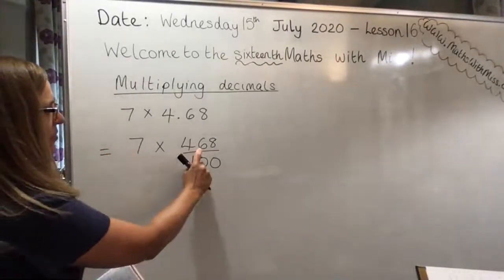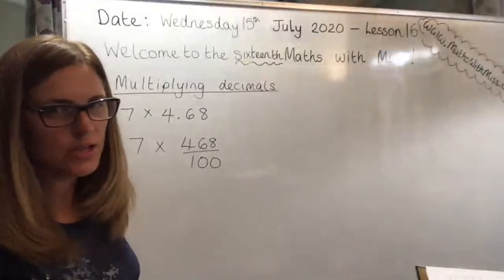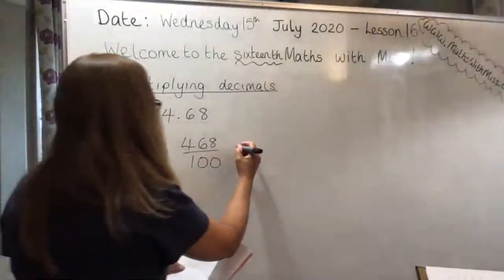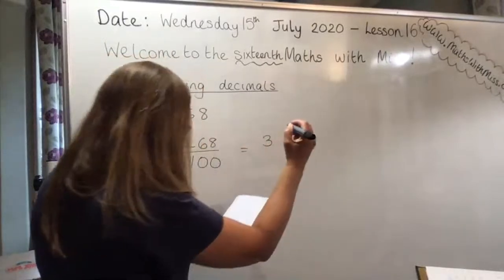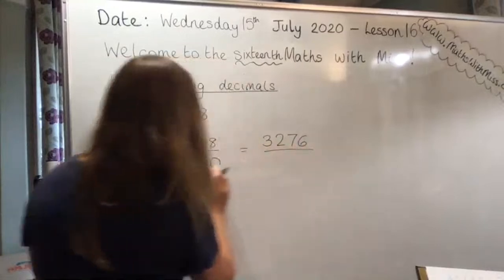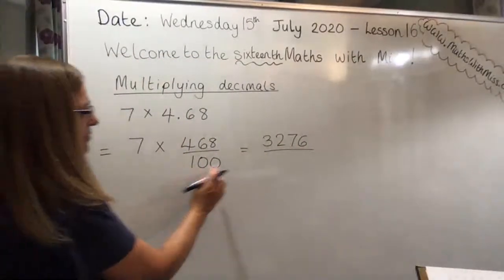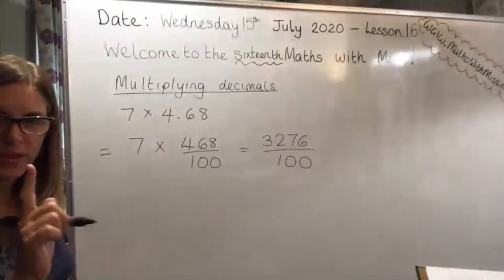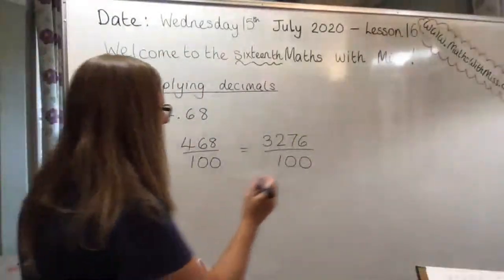Now, 7 multiplied by 468. You can use whichever method you want. I've used the column method, and I got 3,276. But remember, it is all still over 100. That makes sure that the decimal point goes in the right place.